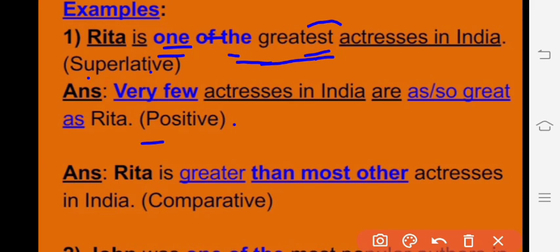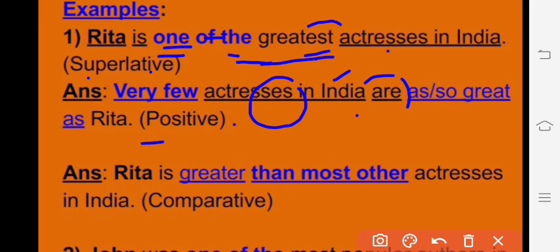Then again the subject goes to the object place and the object goes to the subject place. So very few actresses in India, here actresses, so apply are. Very few actresses in India are as great as Rita or so great as Rita.